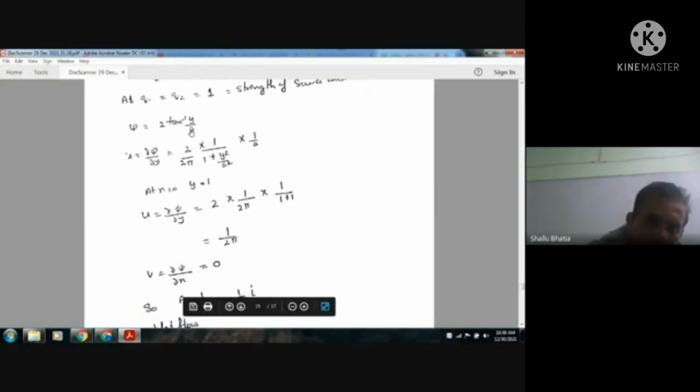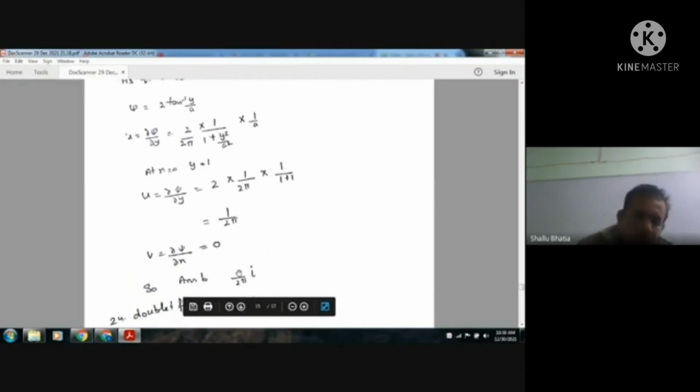There is no x in this, so v is zero, and there is y in it. So at x 0, y 1 it will be 1 by 2 pi. So the answer is u equals 1 by 2 pi and v is 0.